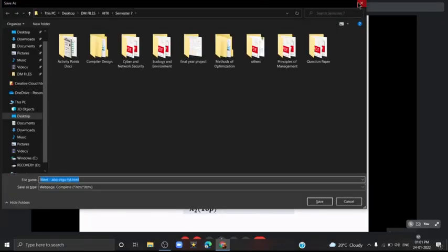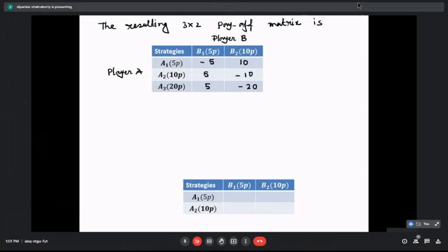Look at A2 and A3. Very good. So now what can you write down? We see that the second row, that is A2, dominates the third row, right?